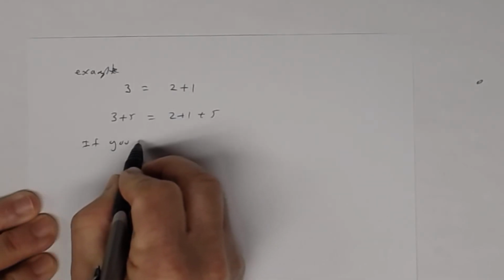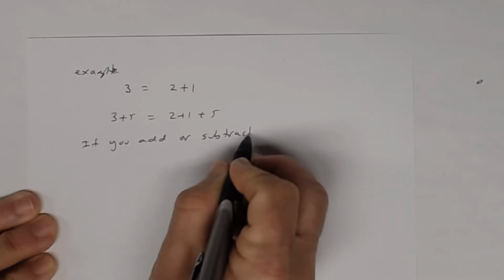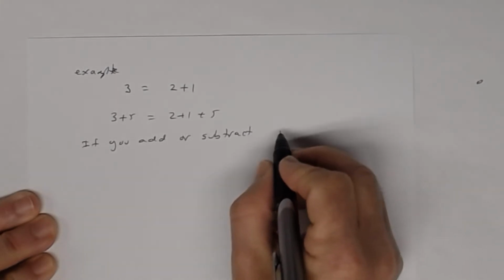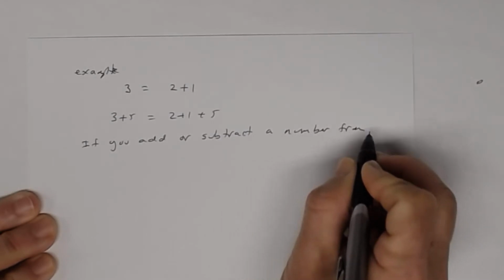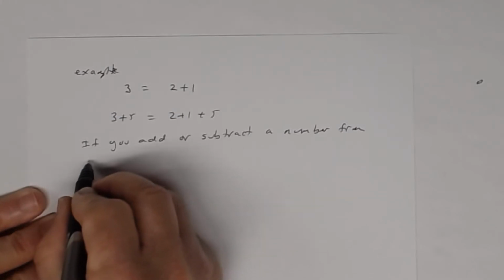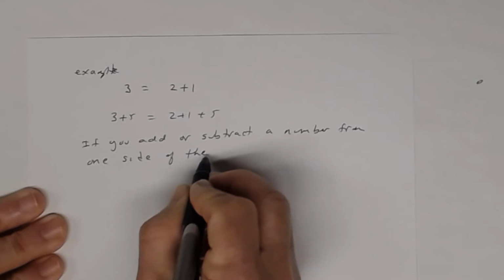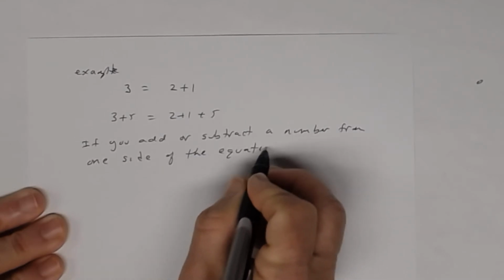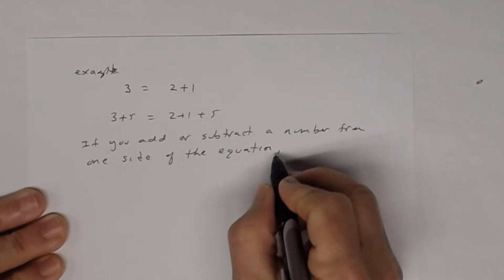If you add or subtract a real number from one side of the equation, you have to do it to the other side.